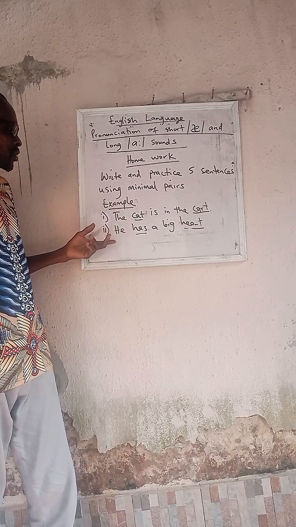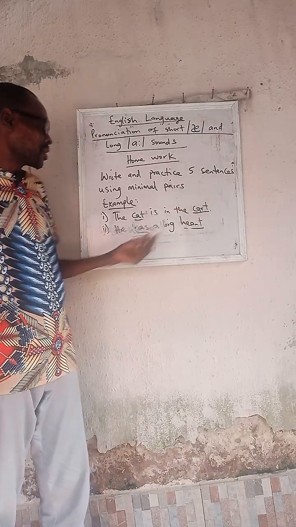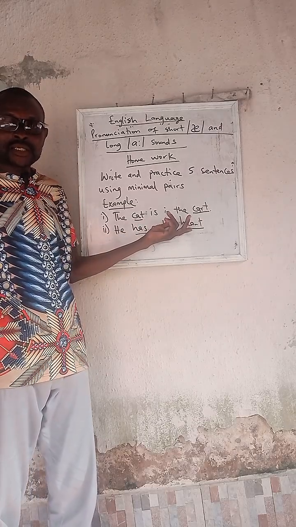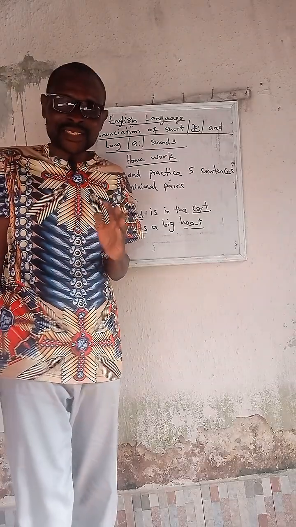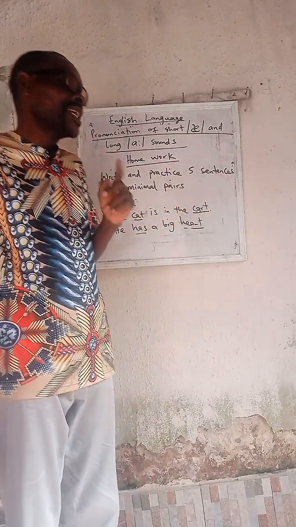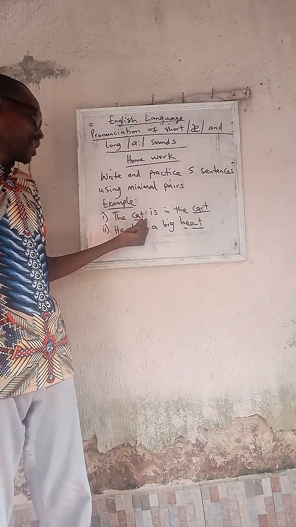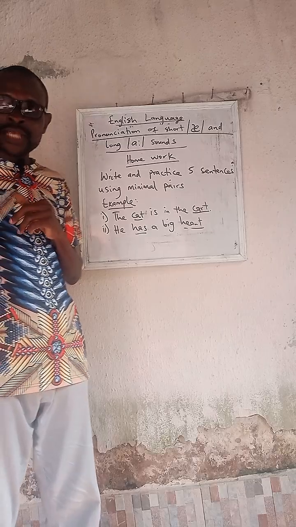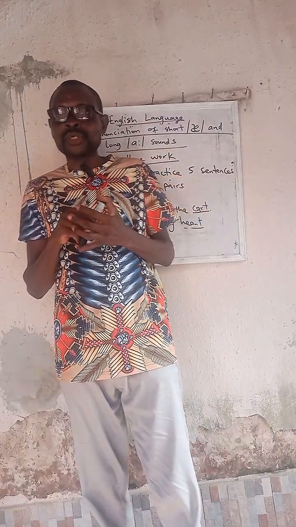And the next one, it has a big heart. So you have the short sound in big and the long sound in heart. I want you to give me five sentences like this. Make sure each sentence has the minimal pair, the short and the long sound. When next we meet, I'll go through your work, then I'll give you feedback on what you've done.